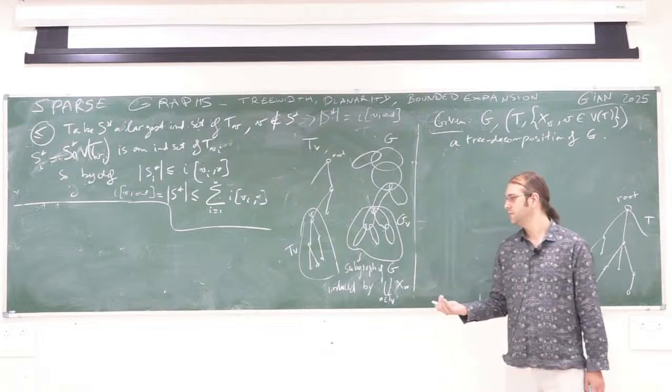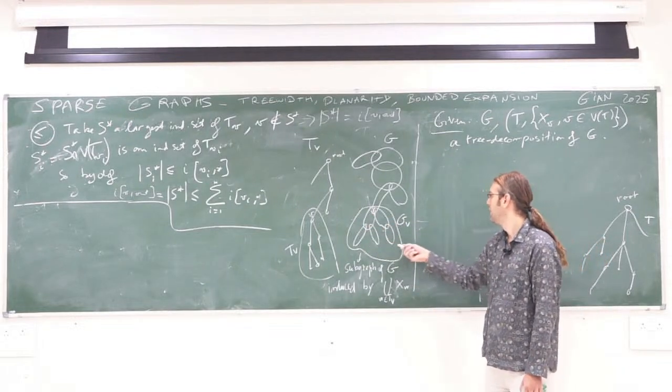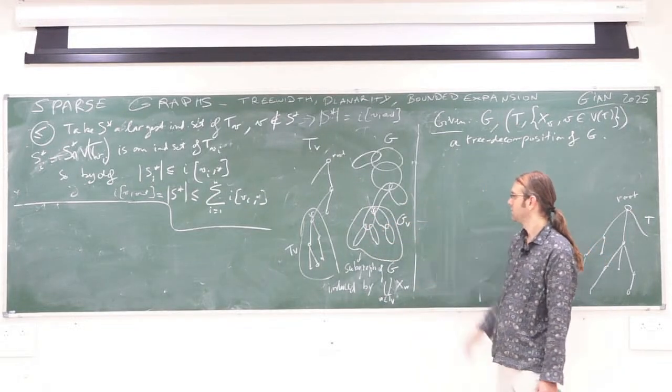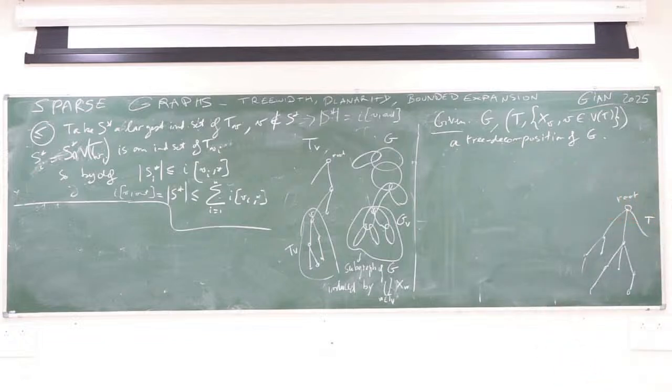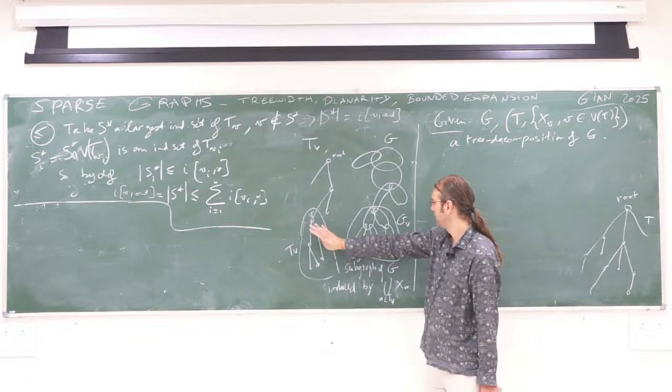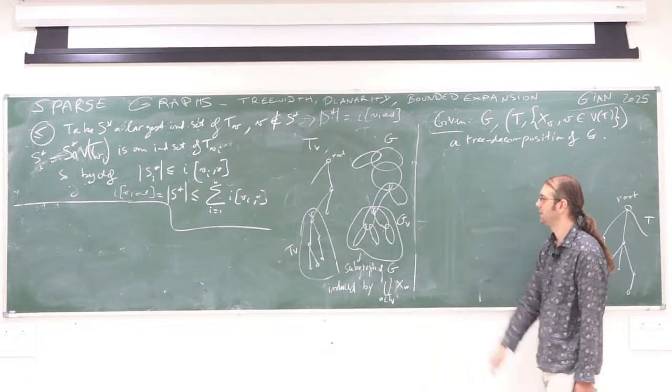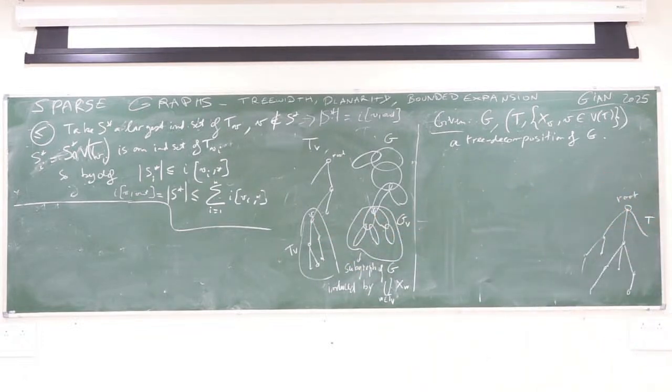This gives me a vertex set, and I call G_V the subgraph induced by it. It's just notation. Really what we are working on is this, but we are doing things for that purpose.